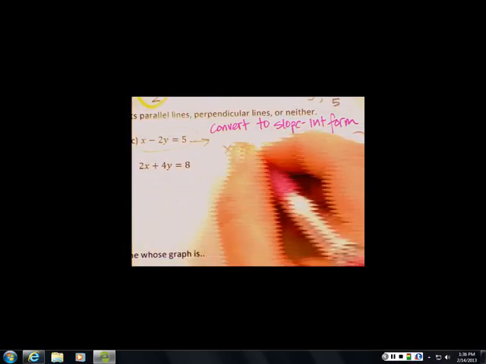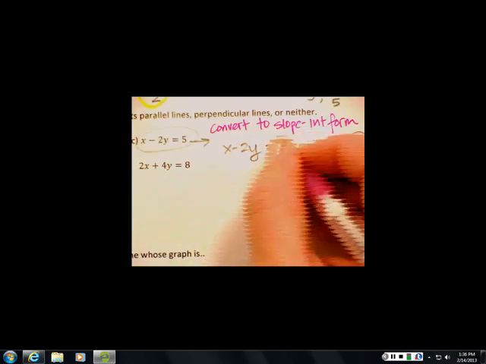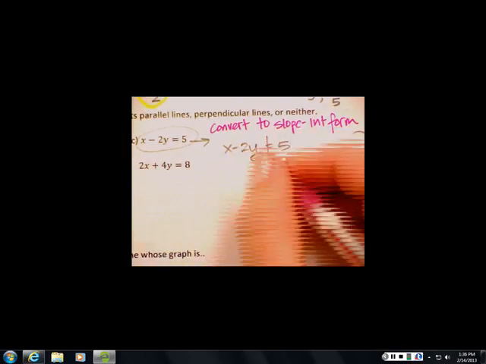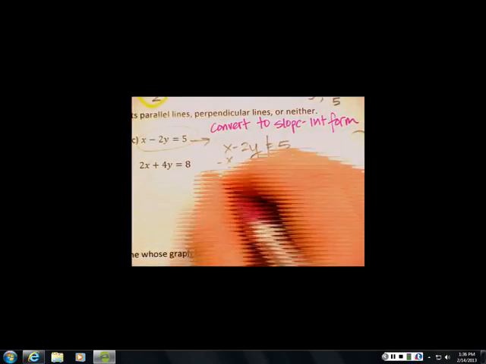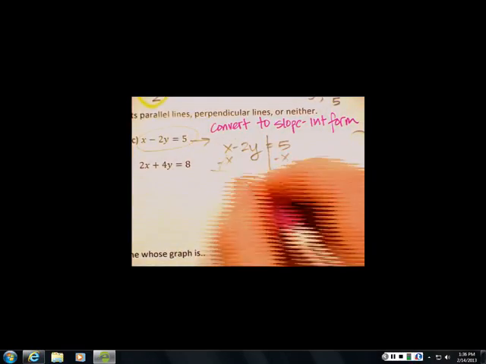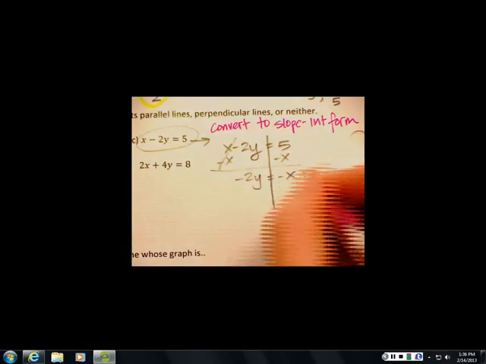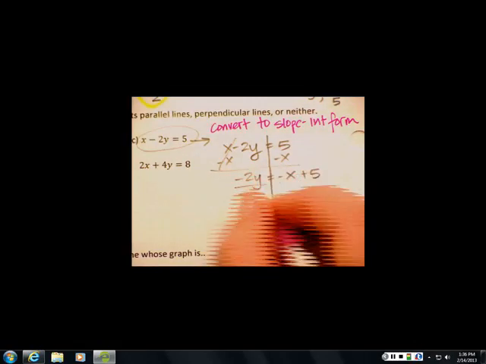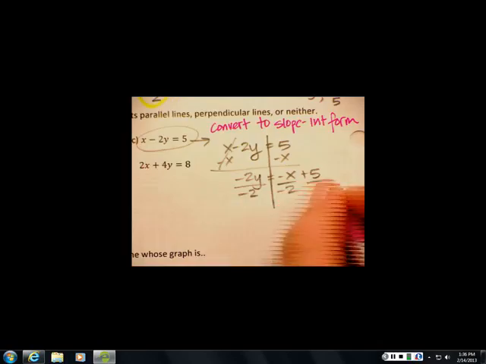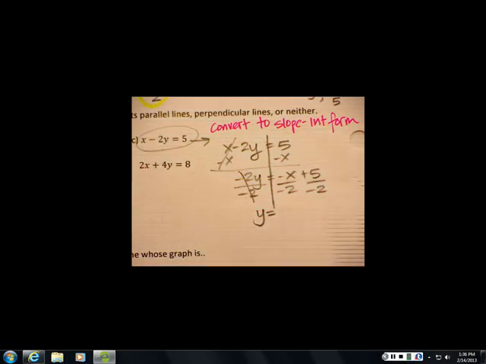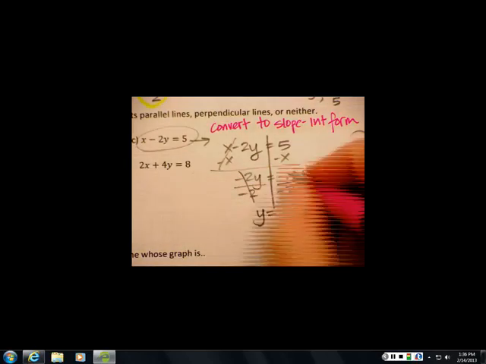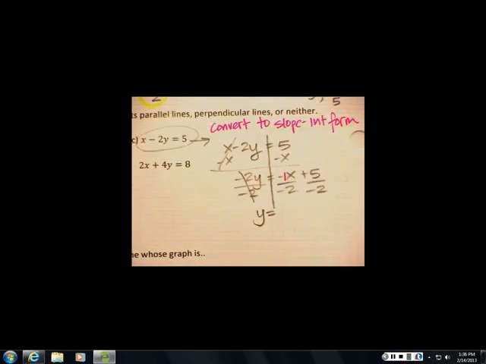I have x minus 2y equals 5. I'm solving this for y, so I'm going to subtract x from both sides. Those cancel. Negative 2y equals negative x plus 5. I divide everything by negative 2. Those cancel. I have y equals, a negative divided by a negative is positive. Remember, there is an invisible 1 here.